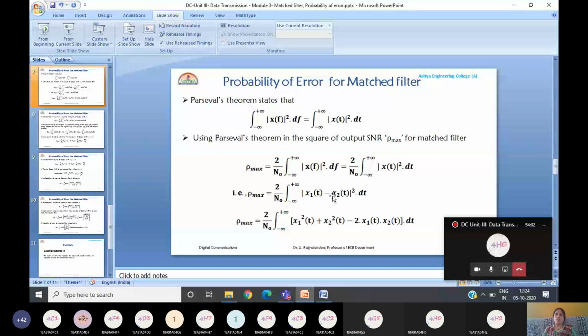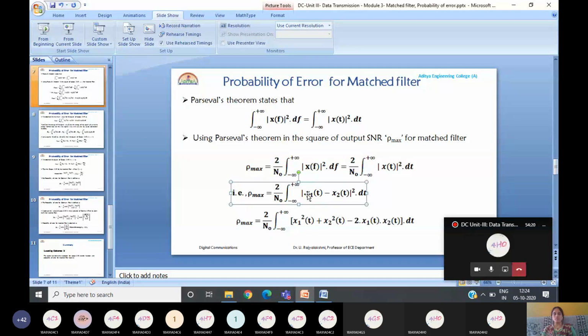For example, in the case of PSK, we'll substitute x1 of t as AC cos omega ct, where AC is root 2 PS. Or else you can substitute in terms of bit energy if you want. Directly you can replace it as root 2PS cos omega ct and x2 of t as minus root 2PS cos omega ct.